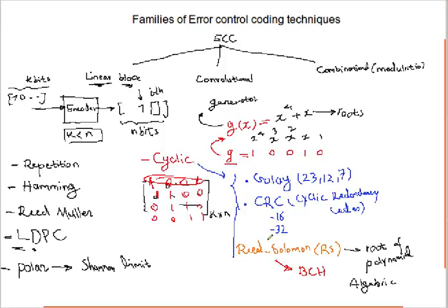Whenever you have some roots from, for example, the field that you have created, you can obtain roots corresponding to Reed-Solomon, and when they are placed one by one beside the other, it is going to be BCH. That is how we call it, BCH.